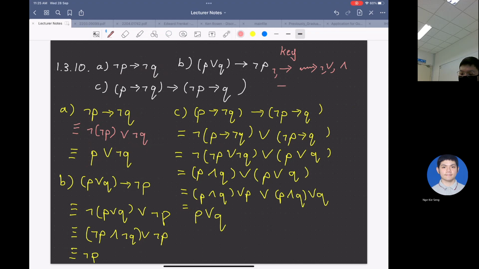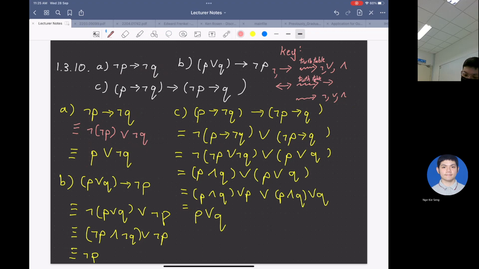And also you need to know how to go from the double-headed arrow to arrows first, and then to or. You need to use the truth table to prove this first, and then use algebra.